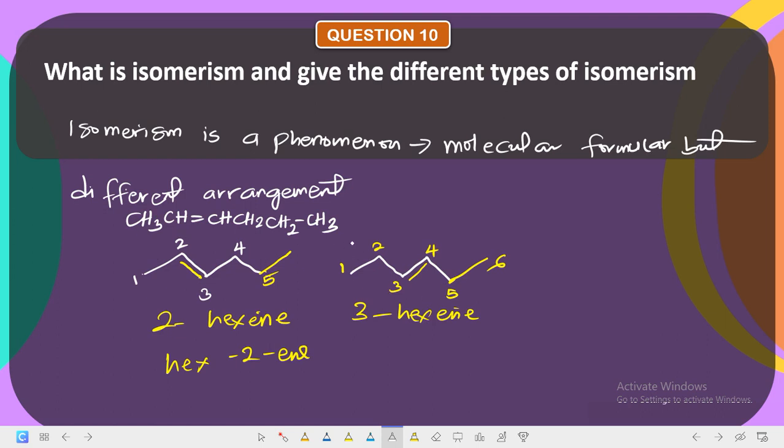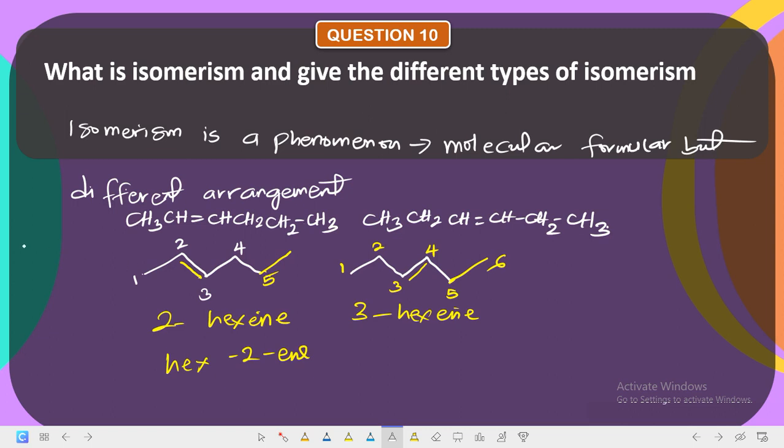Now coming here also, this one is CH3, then CH2. Then when you come here, you now have CH, double bond, CH. Then this number 5 is CH2, and finally this is CH3. If you count the carbons here, there are 1, 2, 3, 4, 5, 6.